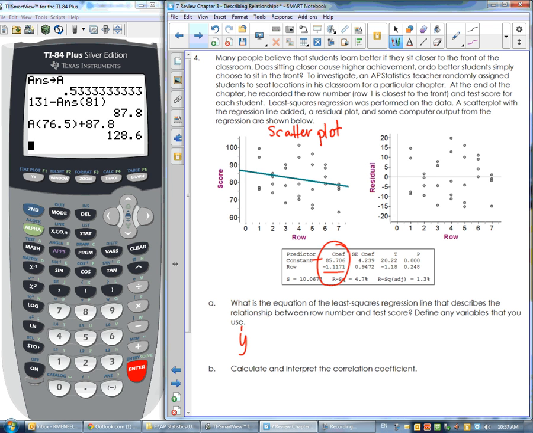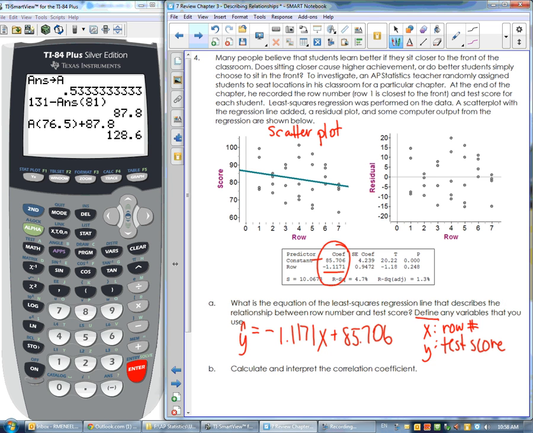So I would say that y hat is equal to negative 1.1171, that's my slope, times x plus 85.706. Now, it does say to define any variables that I use. So x is going to be the row number. That's my independent or my explanatory variable. And y is going to be the test score. And that'll be my response variable.